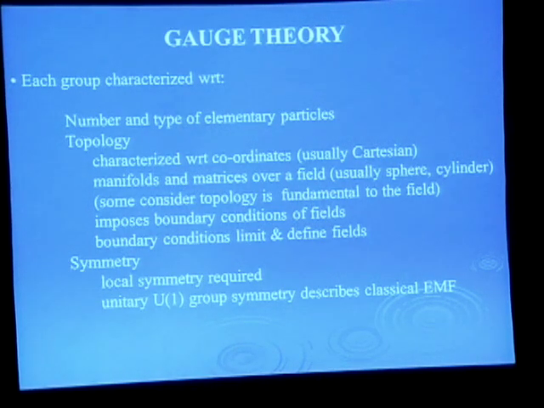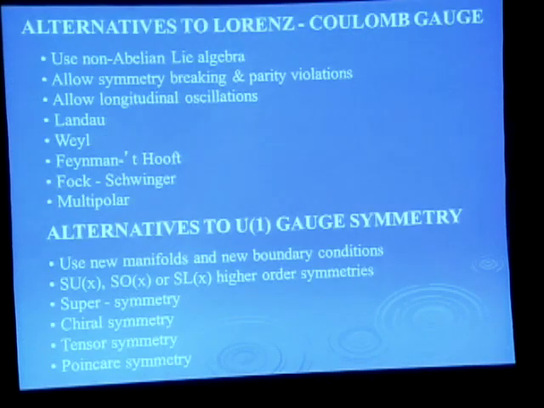Even more important is the symmetry. Typically, the kind of local symmetry used by Maxwell in Maxwell's equations is called the U(1) group symmetry, which is a mathematical definition of unitary local symmetry. Now that becomes important in a moment.